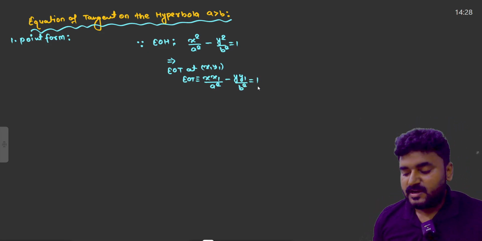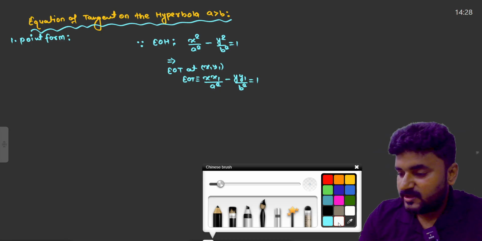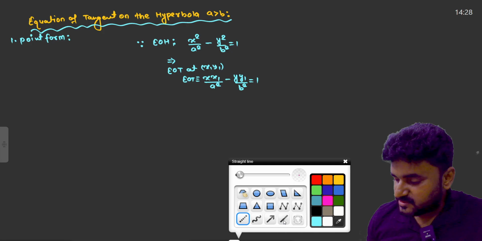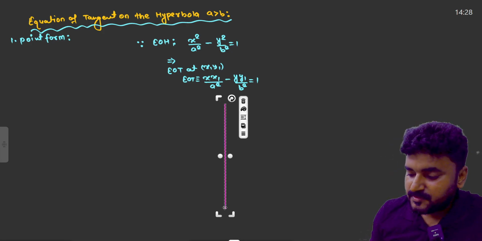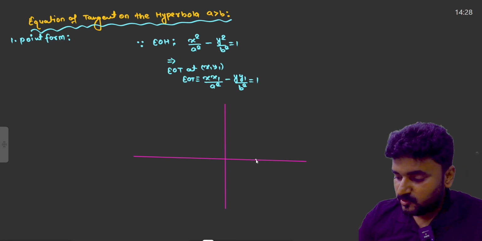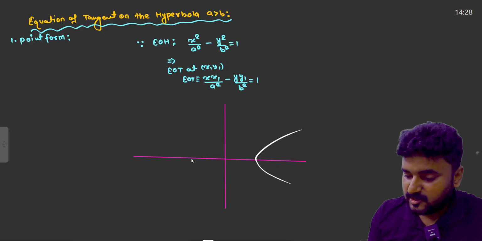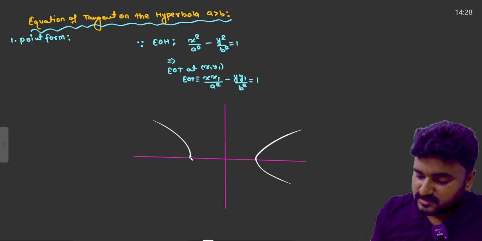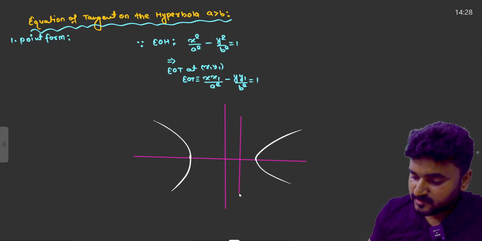So this is the required equation of the tangent. If any hyperbola where a is greater than b is written, we can find the equation of the tangent like this.